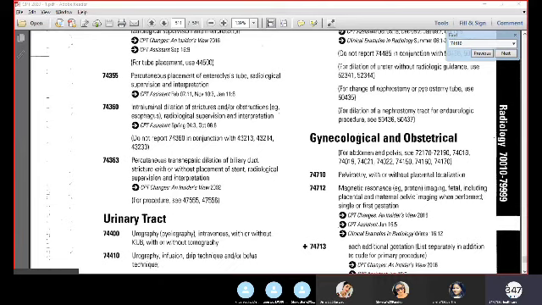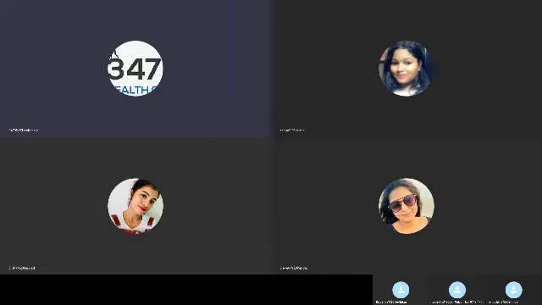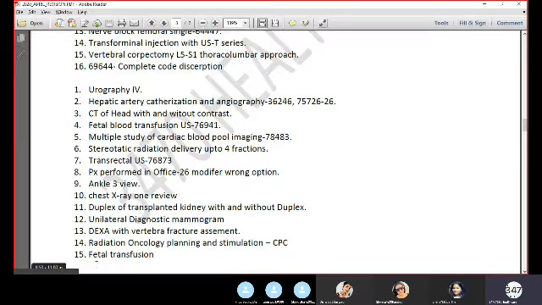Then the third one is CT of the head without and with contrast. What is the code? 70460 and 70450. How many codes? 2 codes, because first it is done with contrast and after that without contrast.